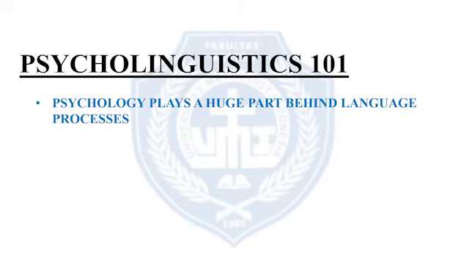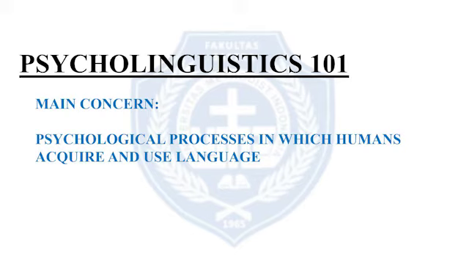Or perhaps instead of asking that question, you now realize some things about the correlation that you previously didn't pay attention to. But in any case, that's fine. And let me stress this first and foremost: psychology plays a huge part behind language processes. Perhaps, more prominently, psycholinguistics deals with the psychological processes in which humans acquire and use language.